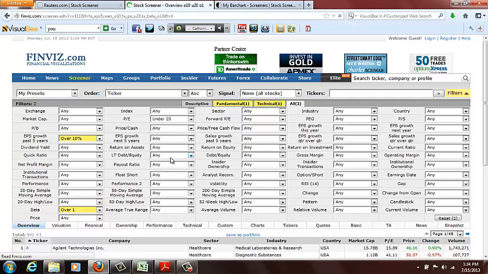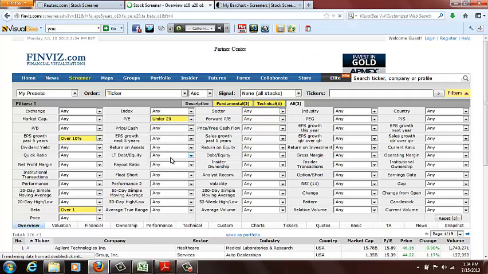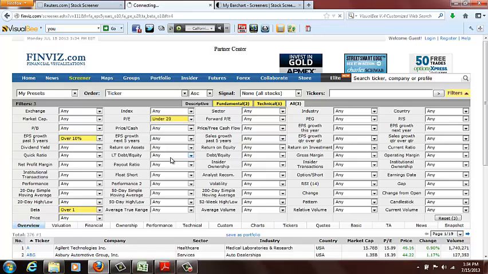Why are we choosing less than 20? If you choose a number over 20, we're looking at stocks that are expensive. We're trying to find stocks that are not expensive and that can be at a fair price or undervalued. With this specific ratio, under 20, that is exactly what we're looking for.